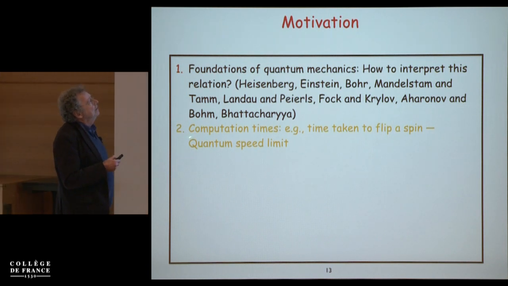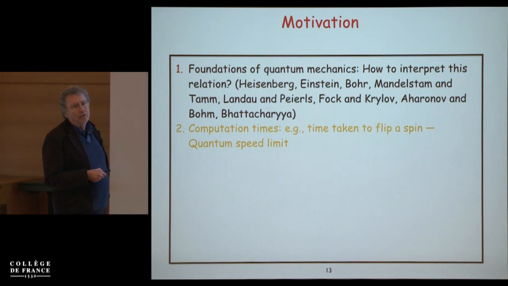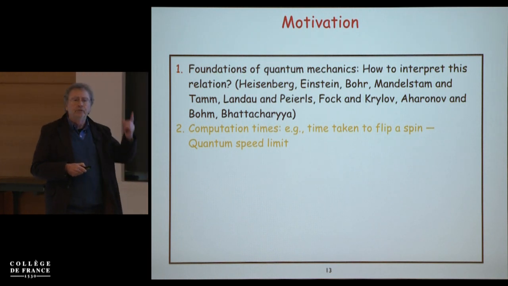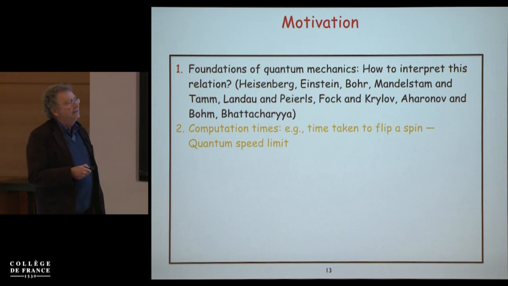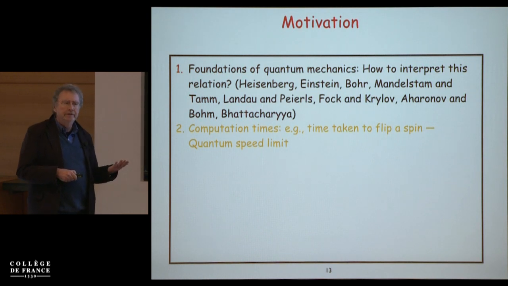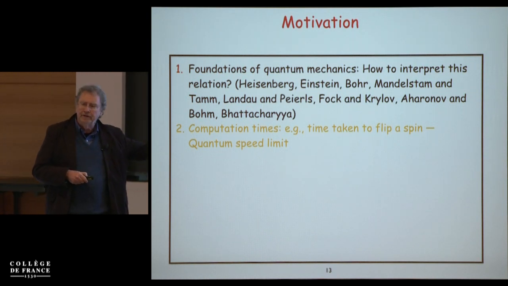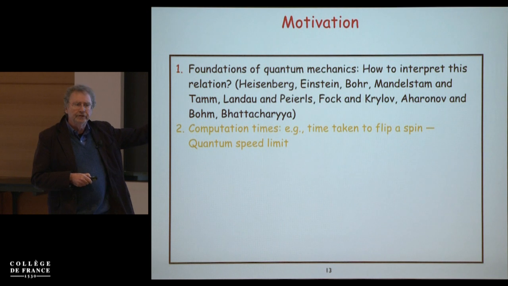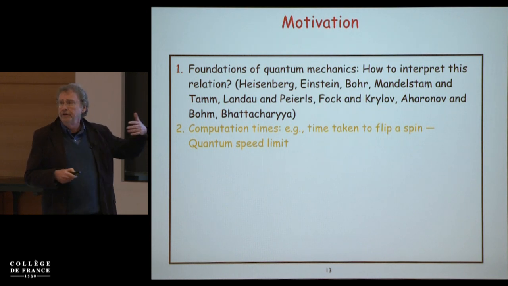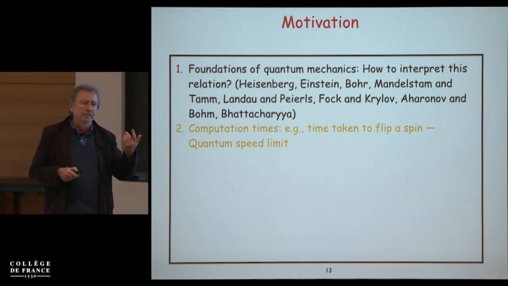Then we might be interested, for instance, in calculating computation times. For instance, the time taken to flip a spin. And that's related to the quantum speed limit, which is very closely related, as we are going to see, to the energy-time uncertainty relation. But of course, in general, the spin should be in contact with some environment, so it's not a closed system.